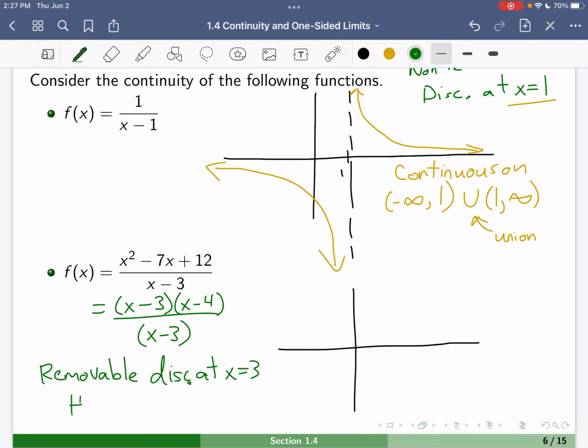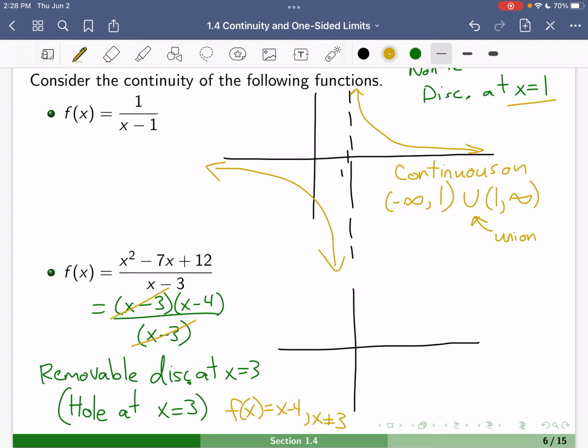You could cancel it out as long as you said that now our function f of x is equal to x minus 4, as long as x is not 3.